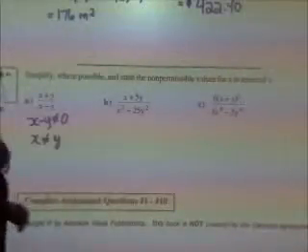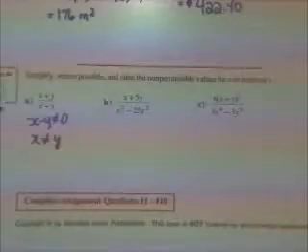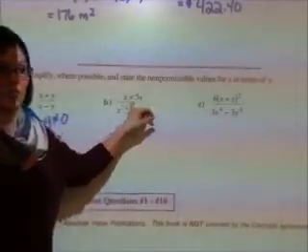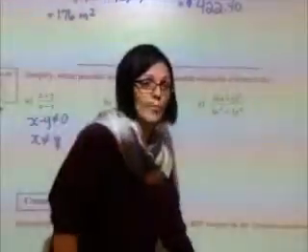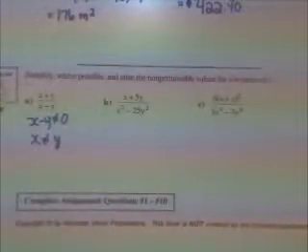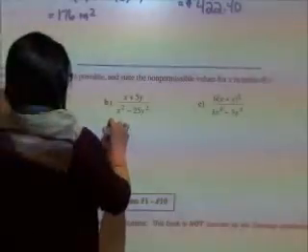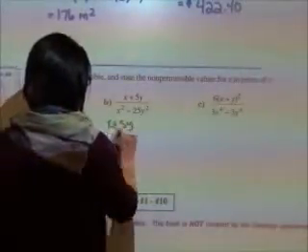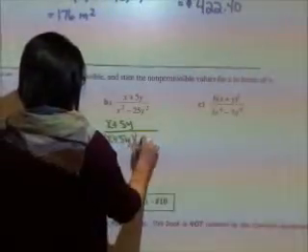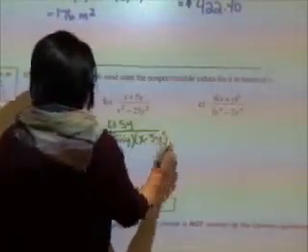So if we look at B, can I factor anything from the numerator? It's not a difference of squares, so I can't factor anything. Can I factor anything in the denominator? What is the denominator? And so when I factor the denominator, what do I get? X minus 5y, x plus 5y.